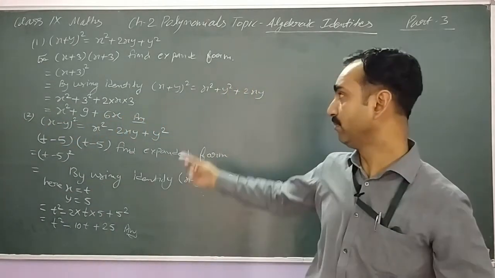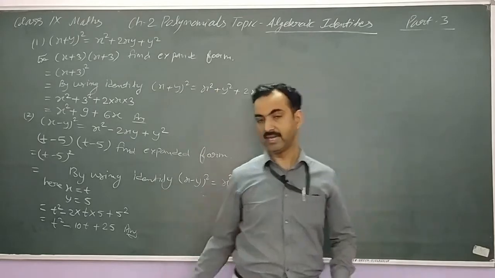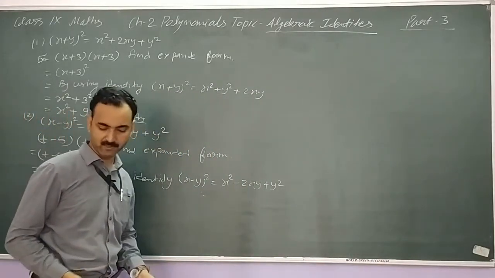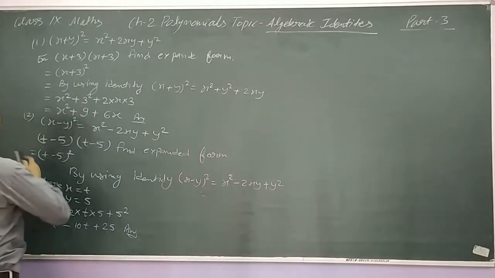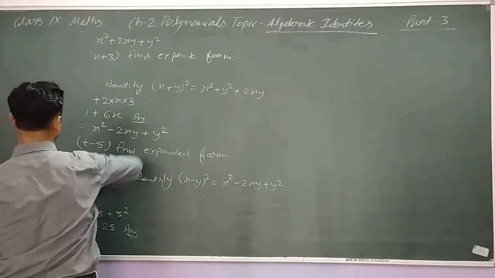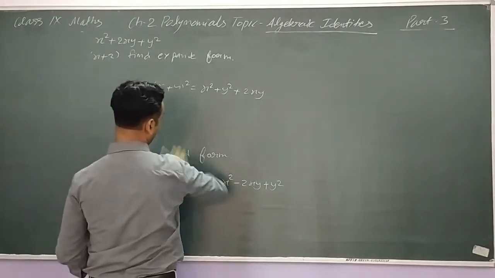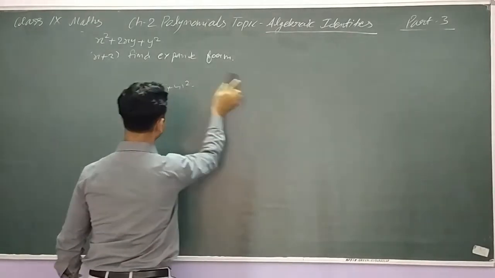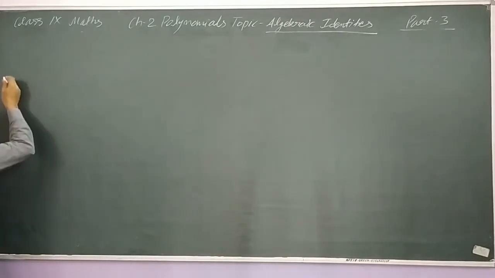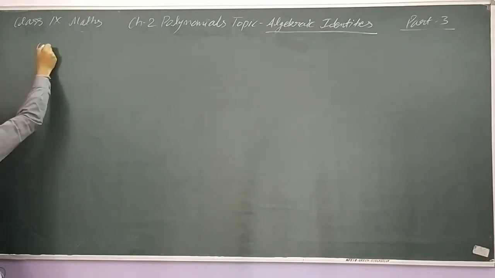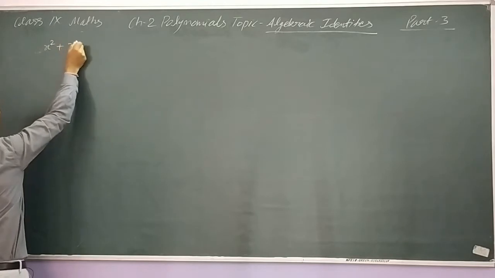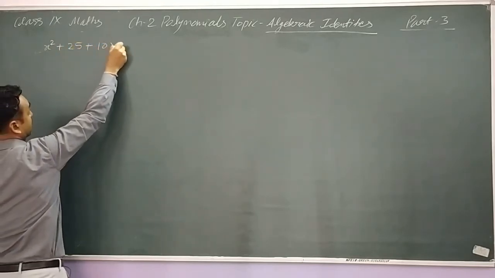So you can see by using these two identities we can find the expanded form of a given factor form very easily. Now we will understand how to find the factor form of an expanded form by using this identity. x square plus 25 plus 10x.